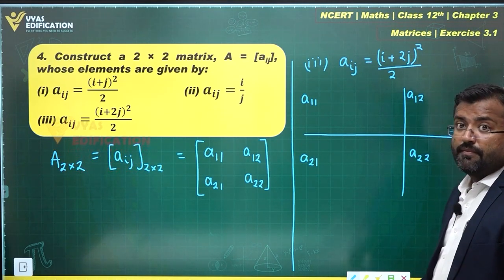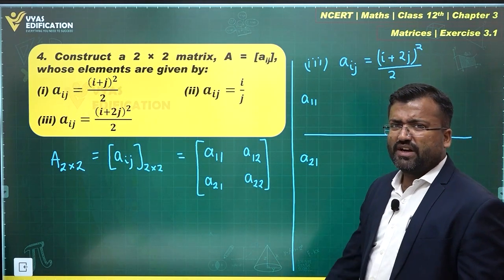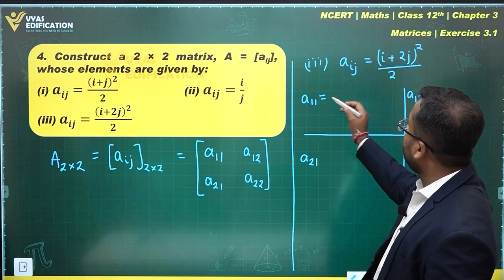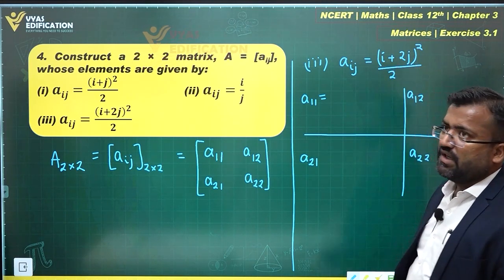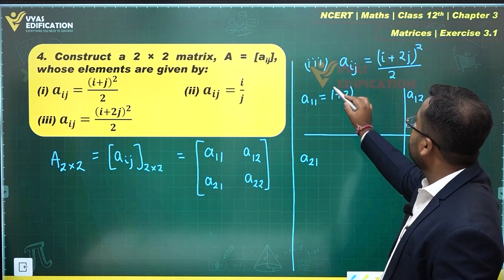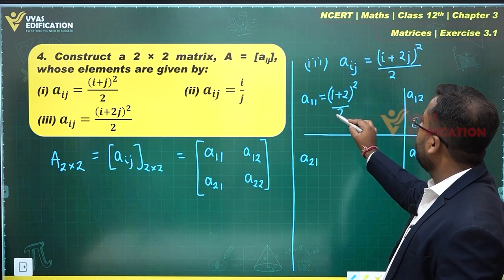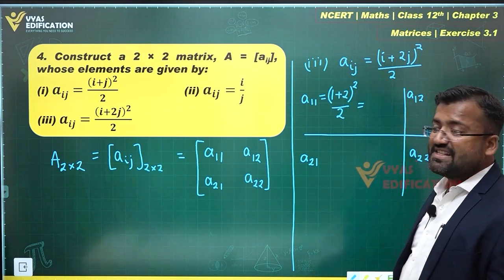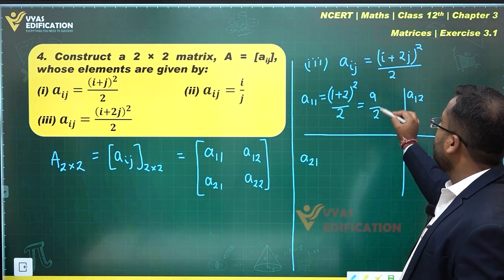These are the 4 elements that are required. A11 would be equal to (1 plus 2 times 1) whole square divided by 2. What is that? This is 3 square, which is 9, divided by 2.